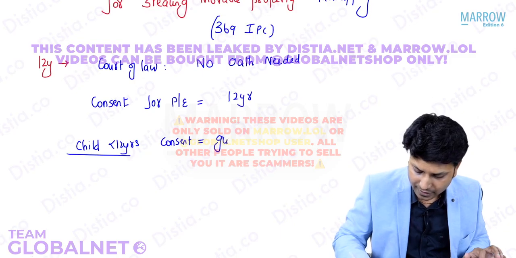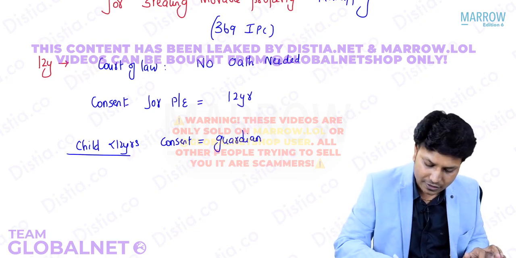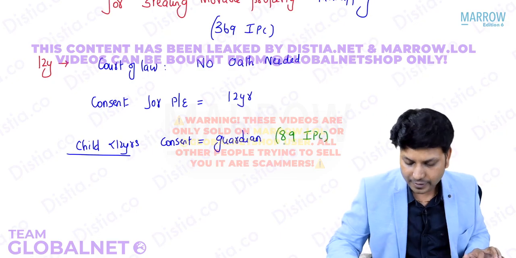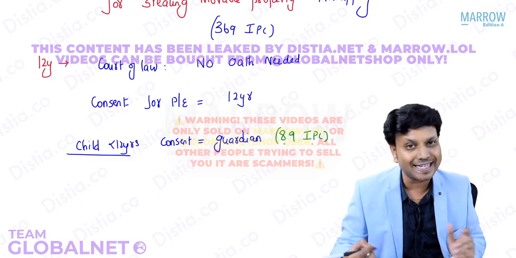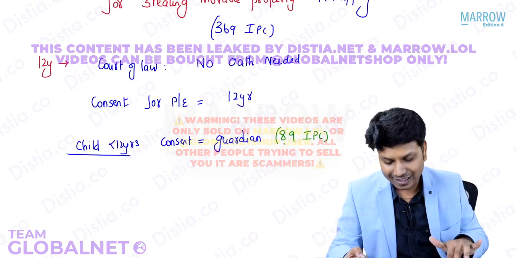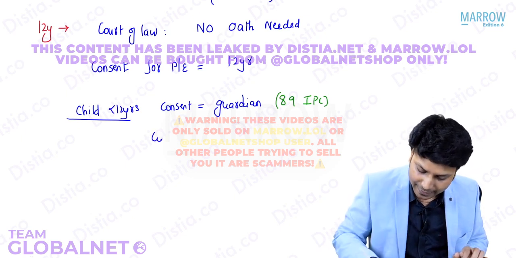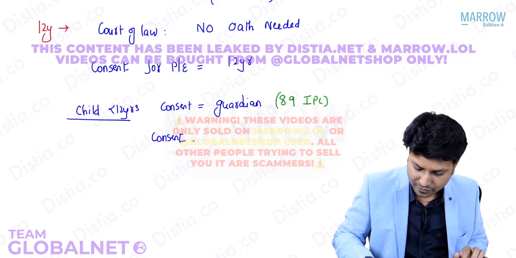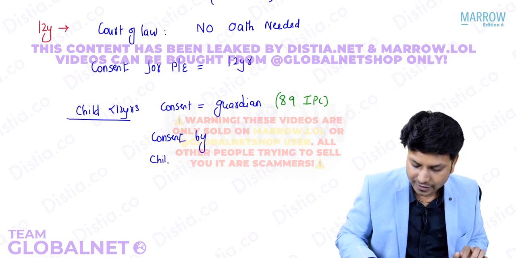This is given by section 89 IPC. What if the child has given consent? Consent given by a child less than 12 years is invalid.